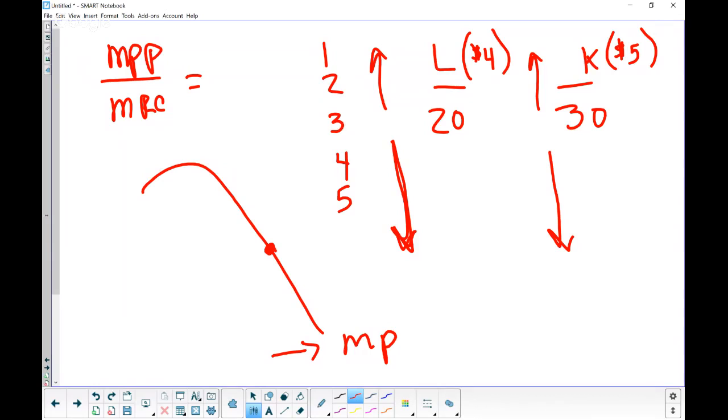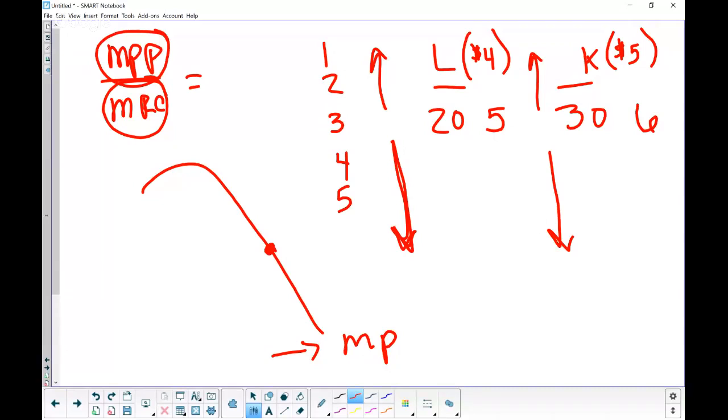So what we want to do is do our marginal utility per dollar spent. If you remember utility maximization, well, that's what this is. We're doing our marginal physical product divided by the cost, right, of that product. So 20 divided by 4 is what? 5. And 30 divided by 5 is 6.